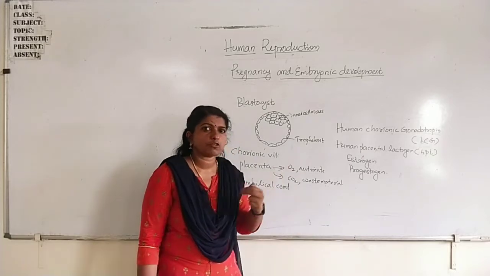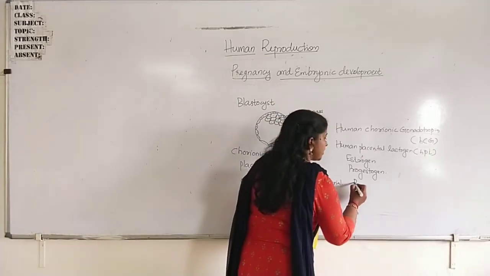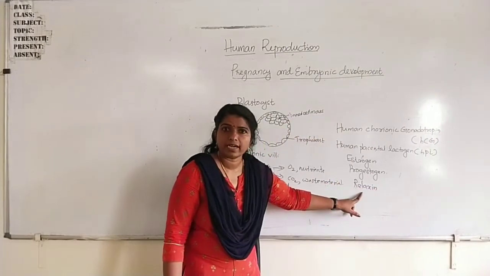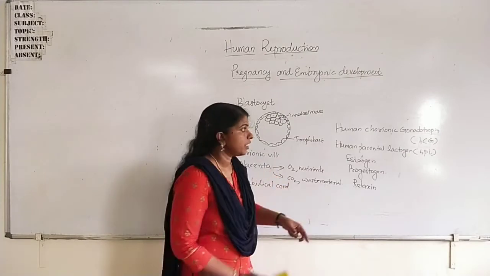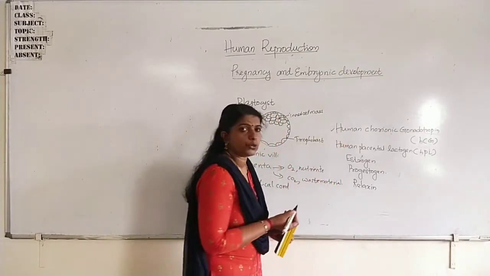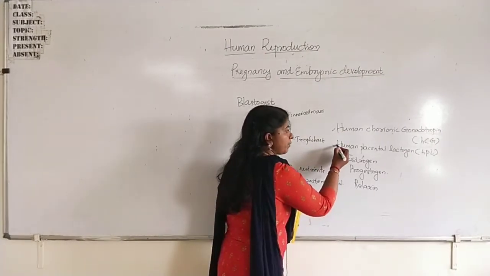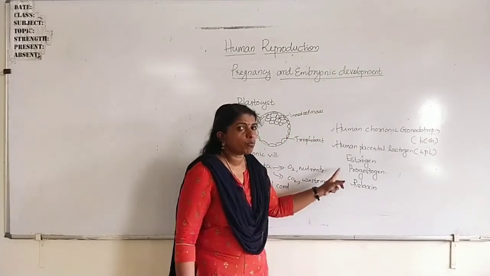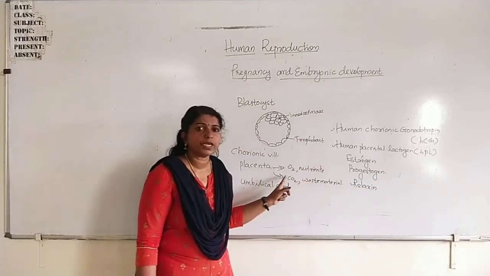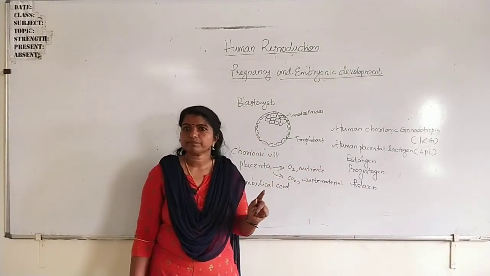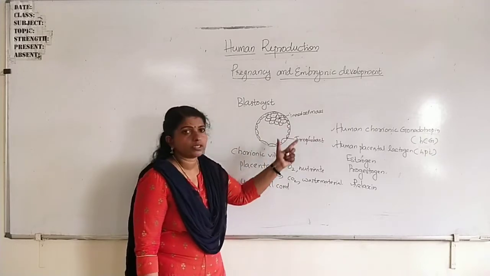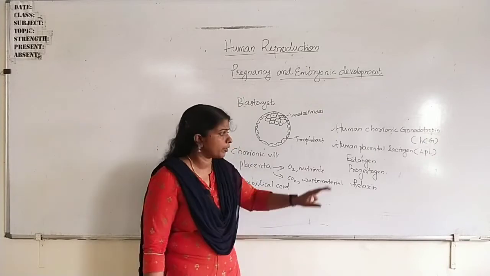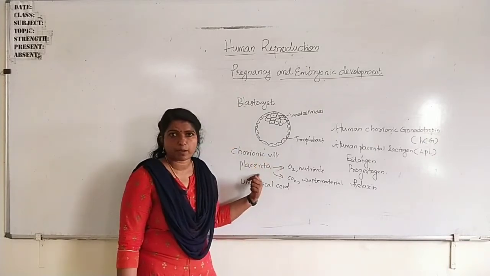In the later stages of pregnancy, one more hormone is there. It is produced by the ovary, that is known as relaxin. And remember, these hormones, human chorionic gonadotropin, human placental lactogen and relaxin, are present in the female body only during the embryonic time or the pregnancy time. At other times we cannot see these hormones, because they are produced by the placenta.